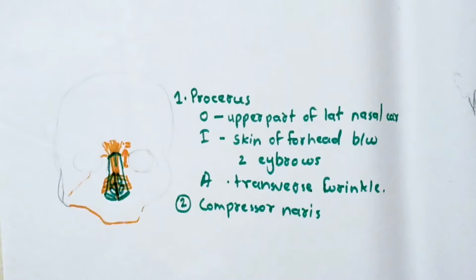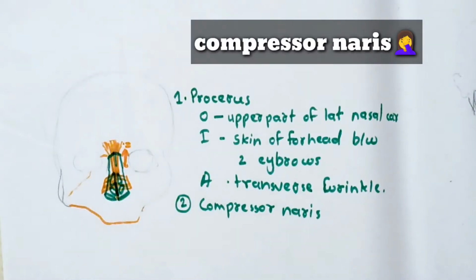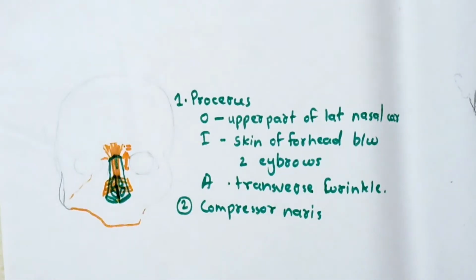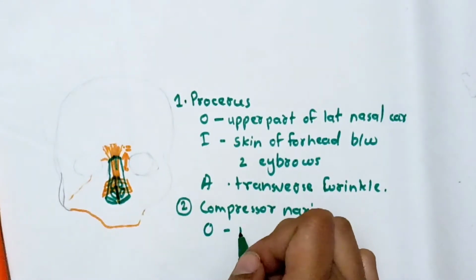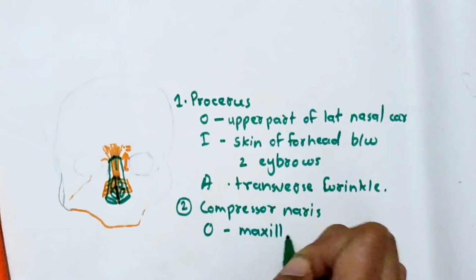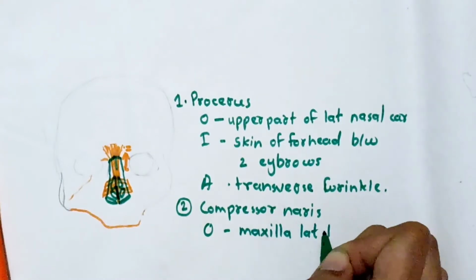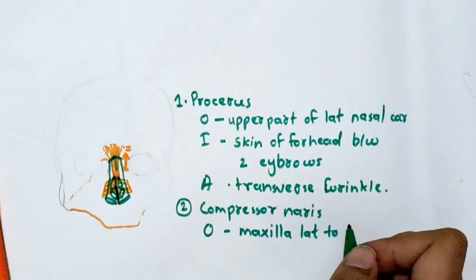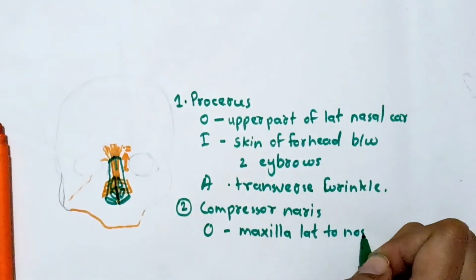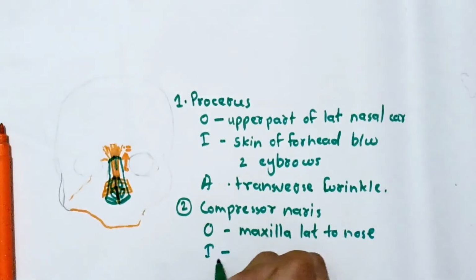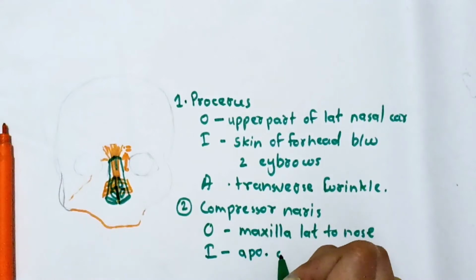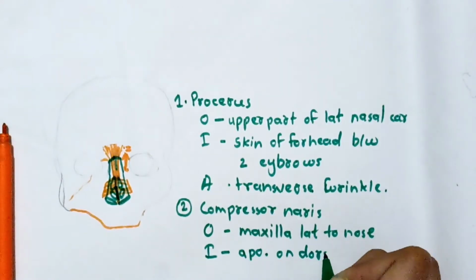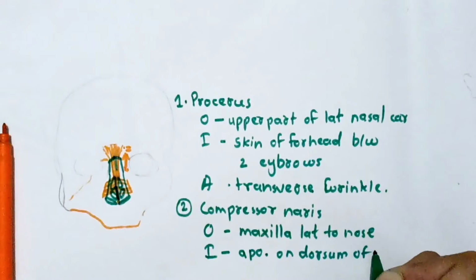Let's note down. Origin is on the maxilla lateral to the nose, and insertion is on the aponeurosis on the dorsum of the nose.